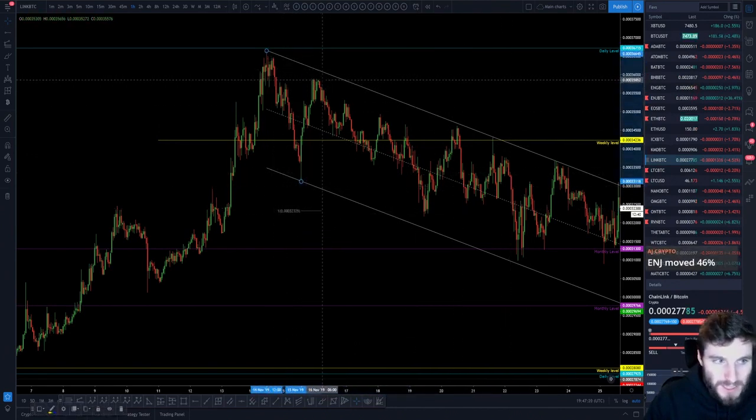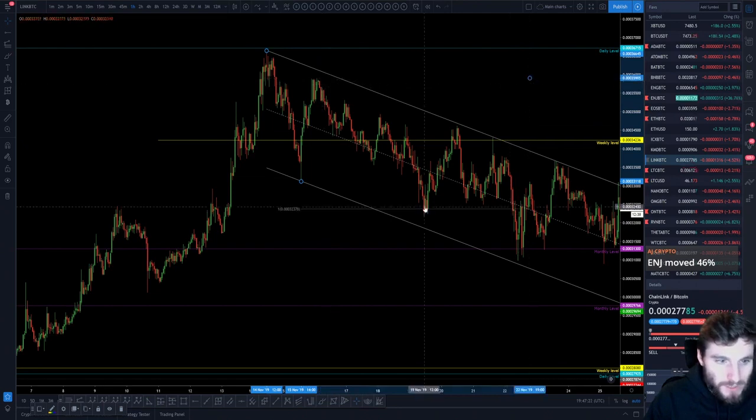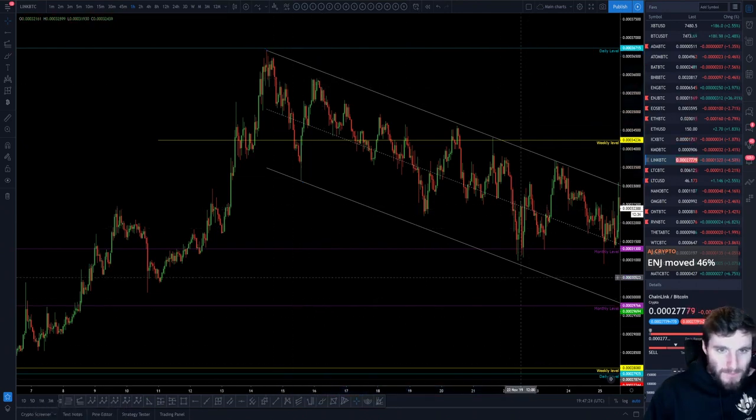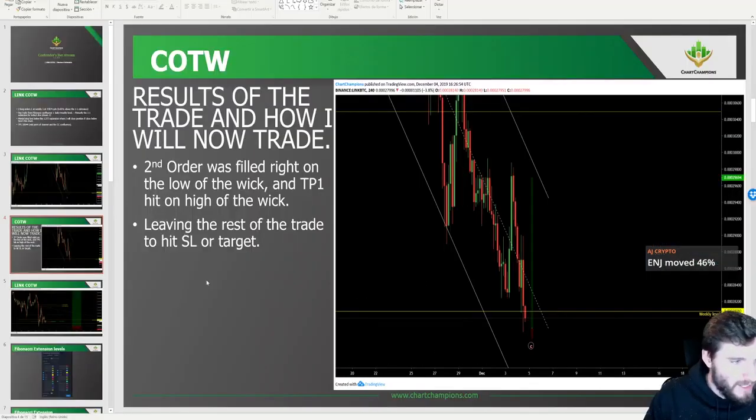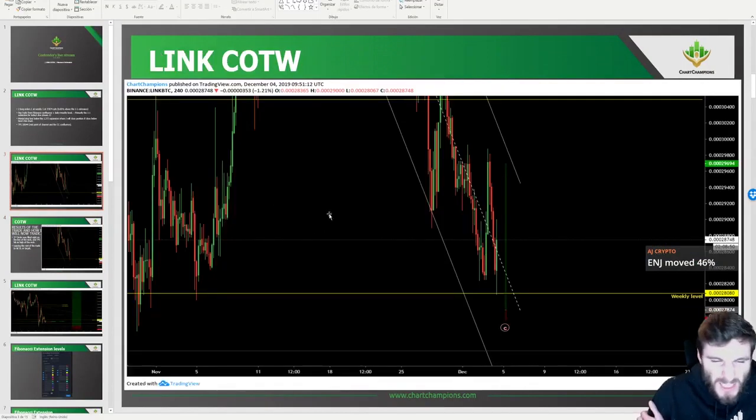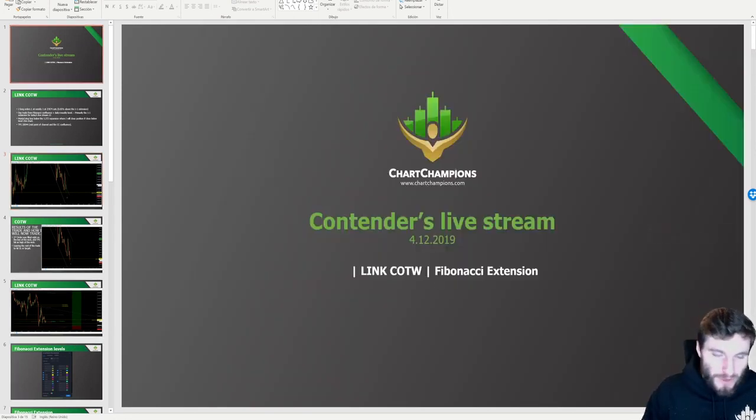This is what I like to look for, the 1-to-1. It was a bit swift there on Link, more just a day trade, a little trade. It was kind of a nice setup, but more of a day trade setup than anything else. So that's swiftly gone through Link, very swiftly.